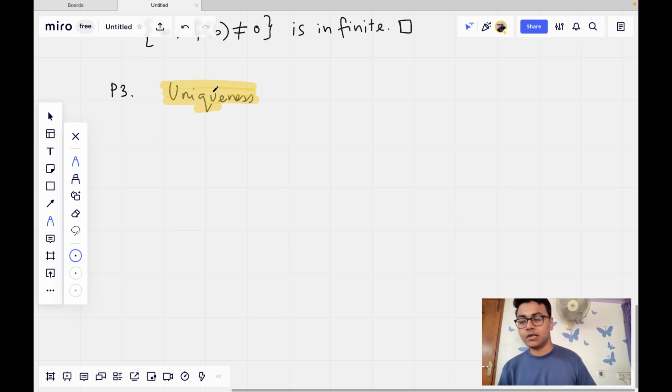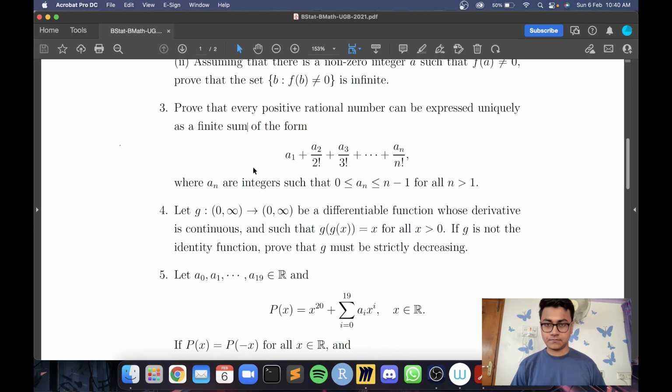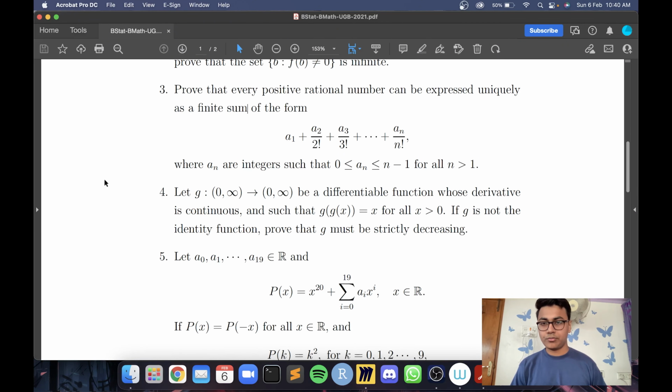We'll just assume that such a representation exists, and then prove that this expression is unique. In order to prove that the expression is unique, we just have to show that each of these coefficients, a1, a2, a3, all the way till an, is uniquely determined. I mean, there can't be a second choice for any of these.